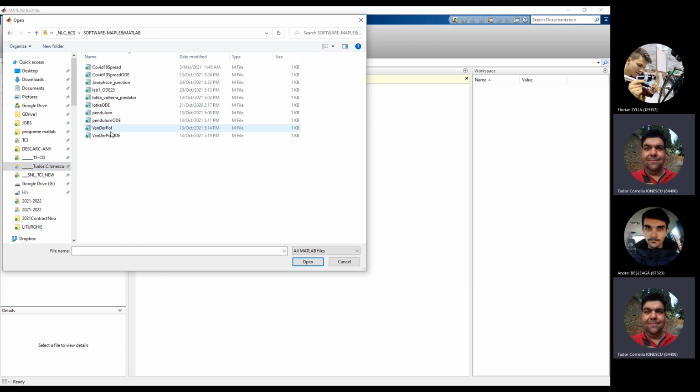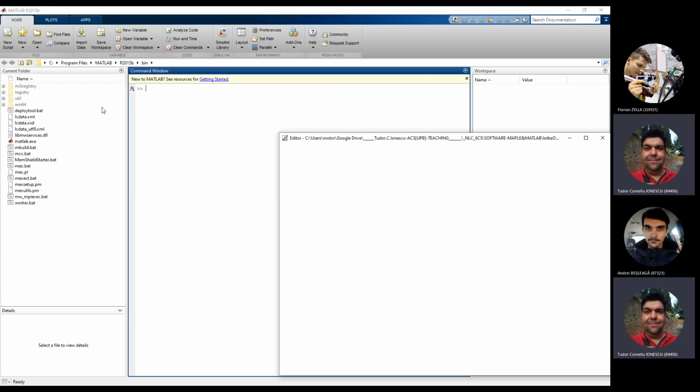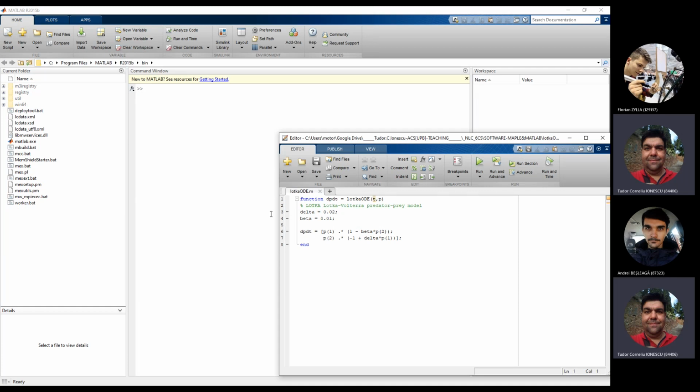Let's use this one. Now we have to change the equations to correspond to the situations presented on the slides.